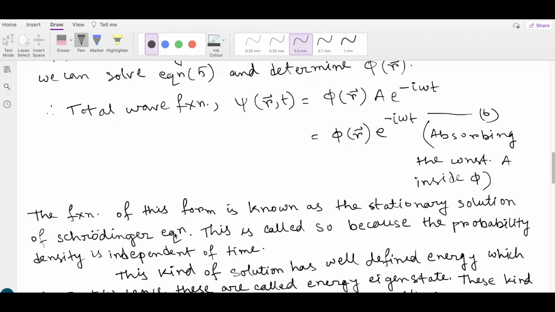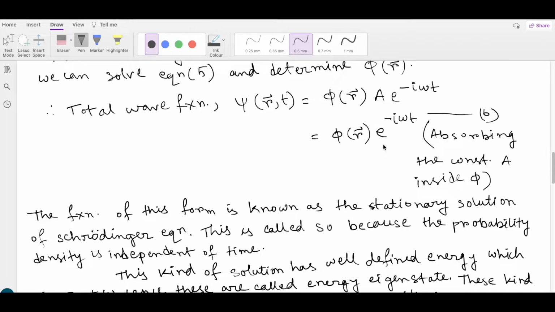So the total wave function is φ(r) times χ, and χ is A e to the power minus iωt. So we are getting φ e to the power minus iωt, where the constant is absorbed by the function φ(r). A function of this form is known as a stationary solution of the Schrodinger equation.